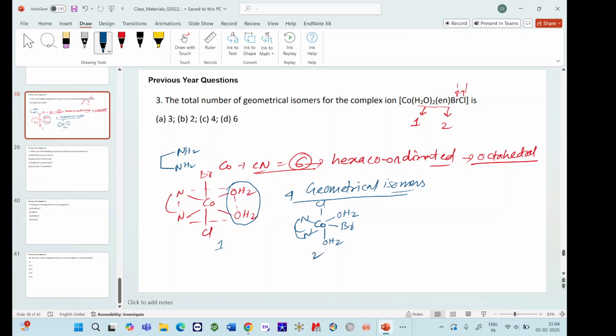So one will be like this, then we'll have this one and the other one.